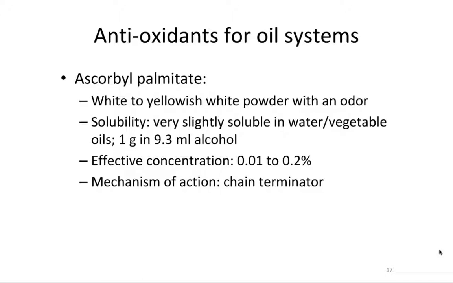Now, moving on to antioxidants that are used for oil systems. An example is ascorbyl palmitate. Although ascorbic acid is a water-soluble antioxidant, ascorbyl palmitate is actually a derivative of ascorbic acid in combination with palmitic acid. Palmitic acid is a straight chain fatty acid, has a long chain of carbon atoms.